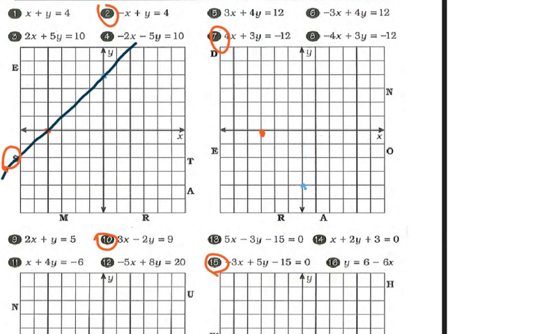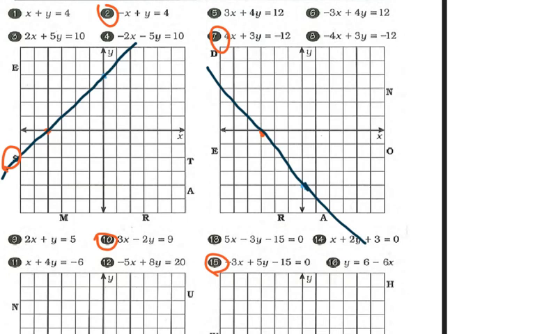So I got my 2 points, and now it's just a matter of connecting the dots. And I'm going to try to do that. And I don't know if it was supposed to pass through A or D, but when you use a ruler, you'll be able to figure that out, because my line is just too crooked. If you have trouble, raise your hand and I'll help you with the ruler, and we'll figure it out together.